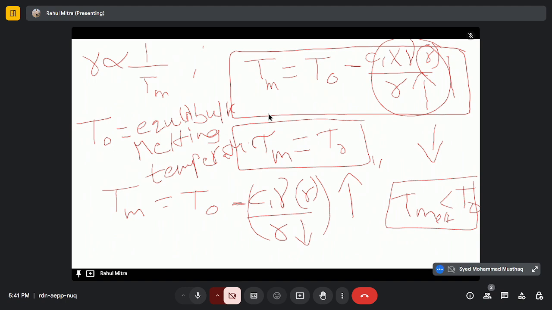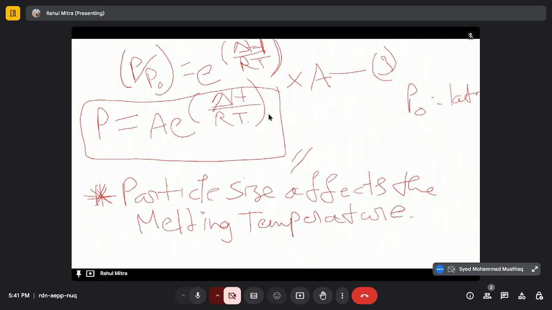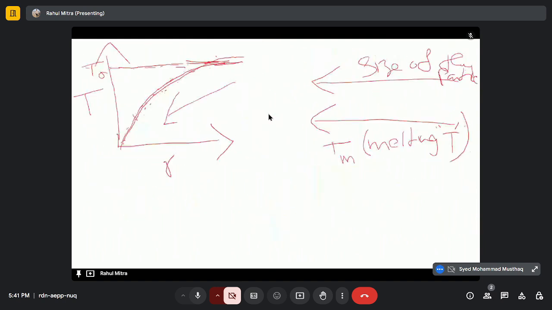If we move on to the next topic, from here we can define the equation del P, which should be written as del P equals R del T to T1 times T0.